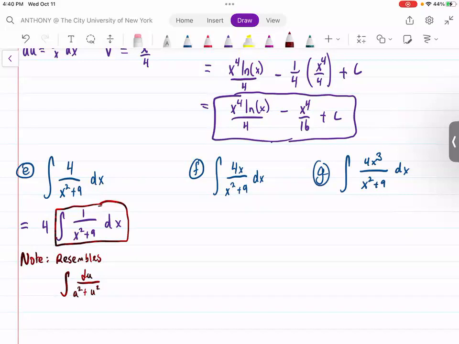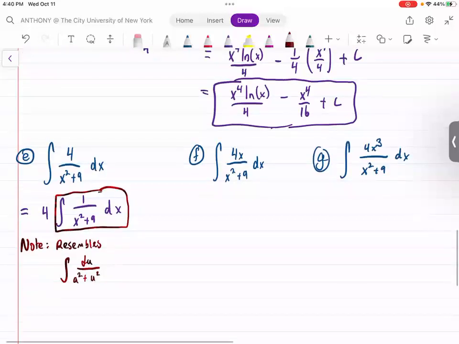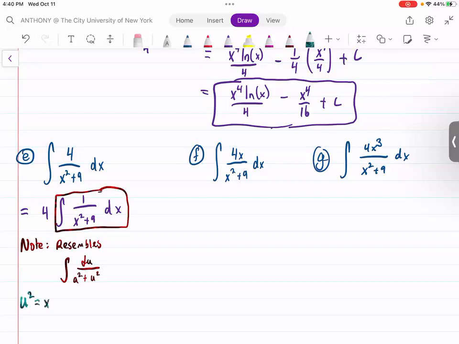So in this problem, what do you think is my u squared? We have that u squared is equal to x squared. If u squared is equal to x squared and I take the square root on both sides, then u is equal to x, not the square root of x, just x.